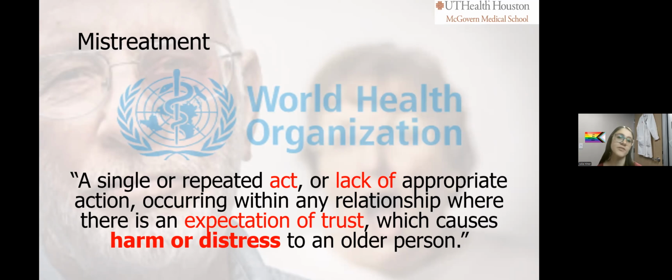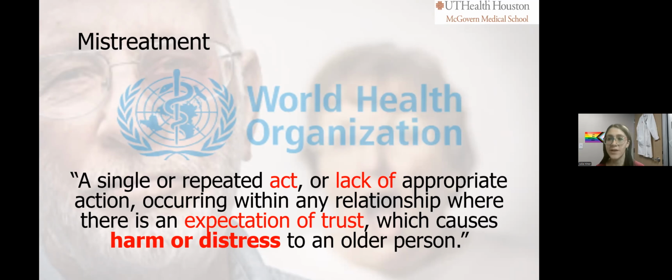But again, for the sake of argument, if we look at the World Health Organization's definition as compared to the CDC or the National Institute on Aging, they define mistreatment as a single or repeated act. So it involves an action or a lack of an action. It's not just something you think.